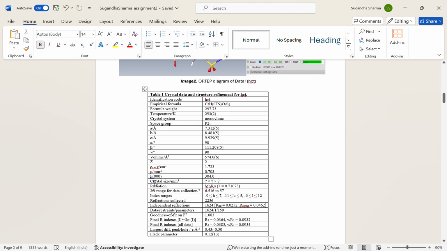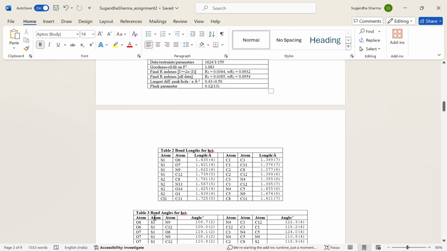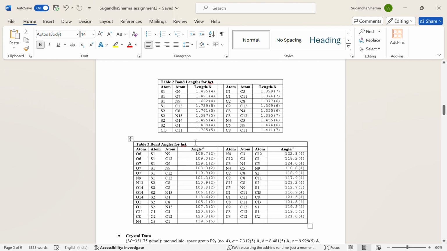Also we got the goodness of fit from these values, and the flack parameter value we also observed. Next we observed the bond lengths for HCT, the first data, the bond lengths for different atoms, from the generated data.